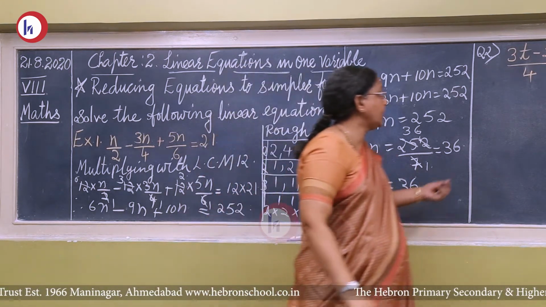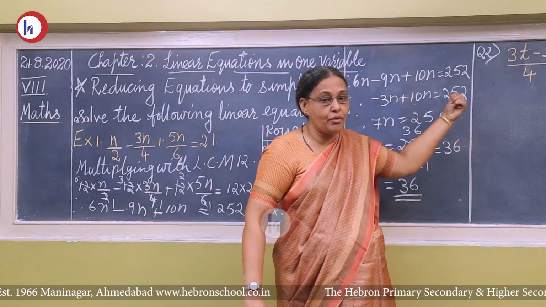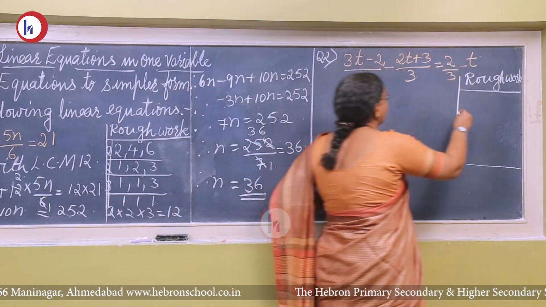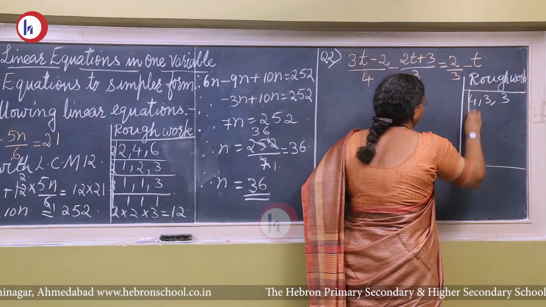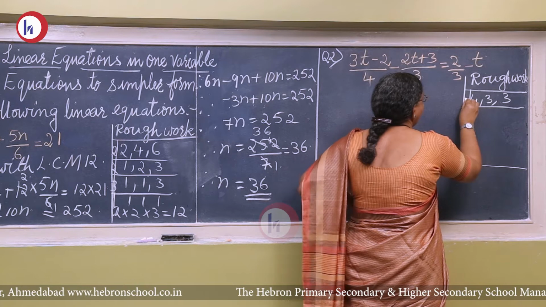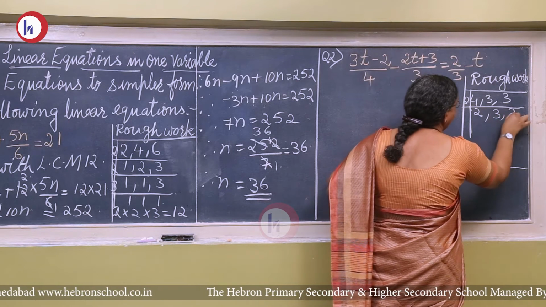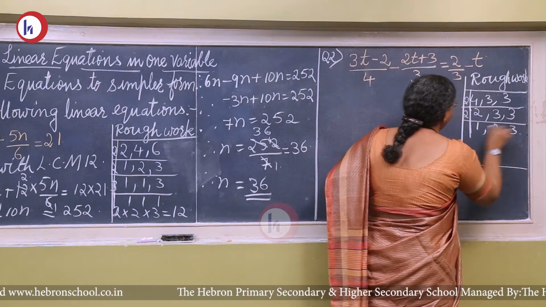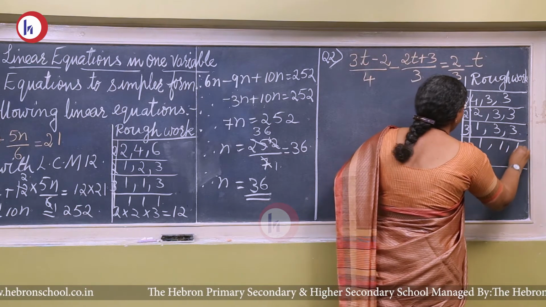In the same way, here is one more sum, which is also not in linear form. You have to make it linear by finding the LCM. First find the LCM of 4, 3 and 3. Take 2 out of 4, that is 2 twos are 4, but 3 and 3 cannot be divided; then again 2, 1, 3 and 3; then divide by 3, 1, 1, 1.